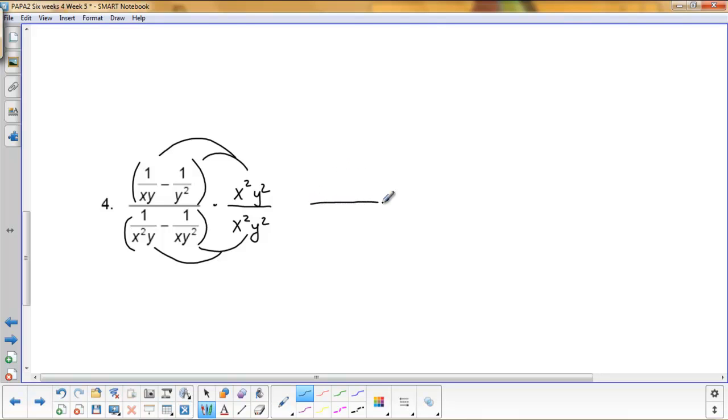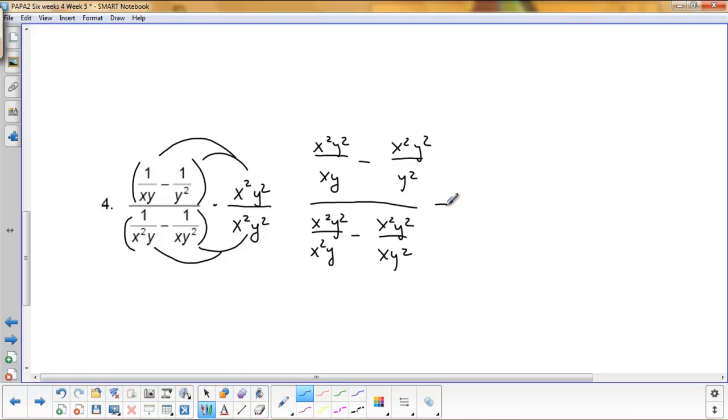So now, when I do this, I get x squared y squared divided by xy minus x squared y squared divided by y squared. On the bottom, I get x squared y squared divided by x squared y minus x squared y squared divided by x y squared.